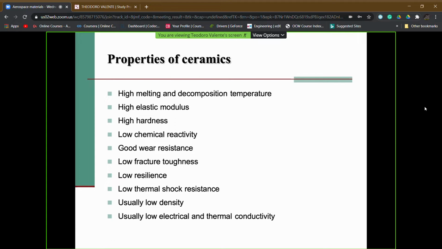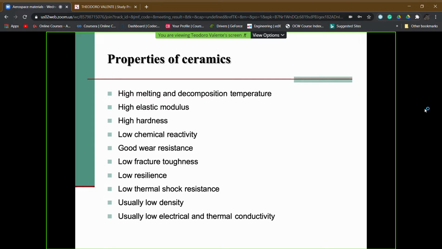That means we do not have exchanges of electric charges. We do not have electrons flowing through the corrosion circuit, but we do have direct chemical reaction between the elements. And this happens when we are usually at high temperature without condensed solution.